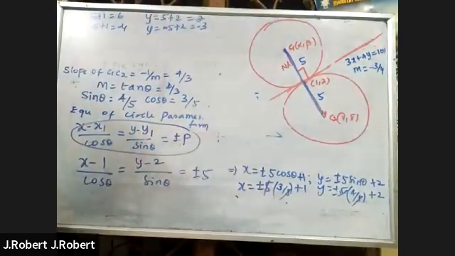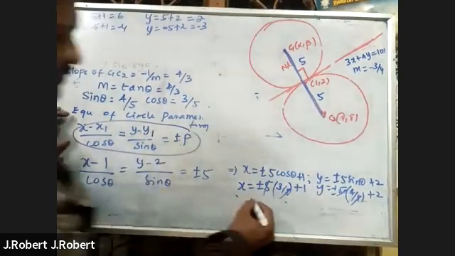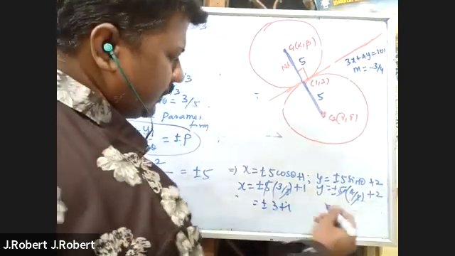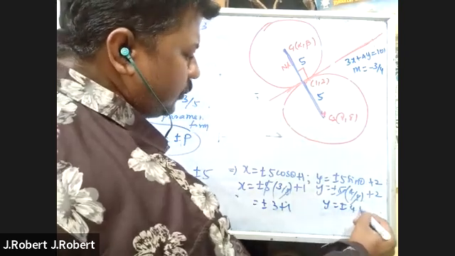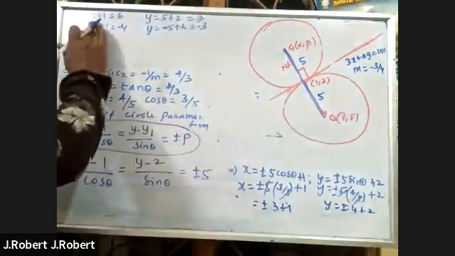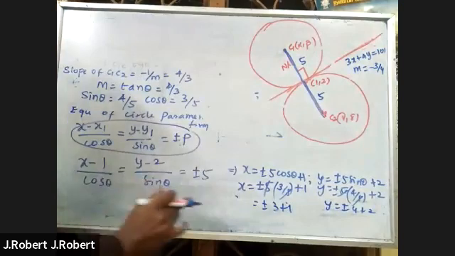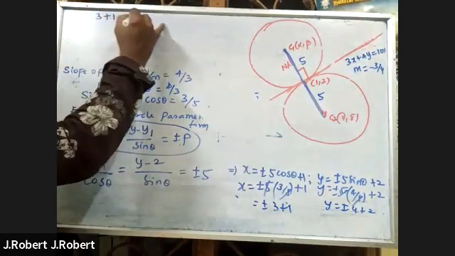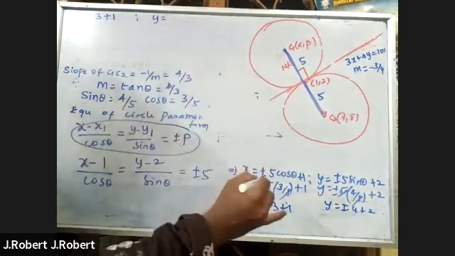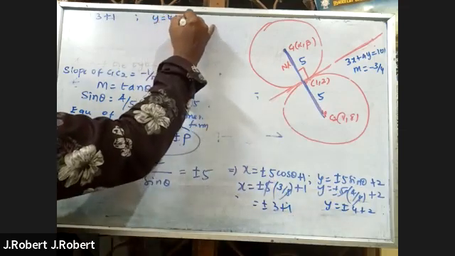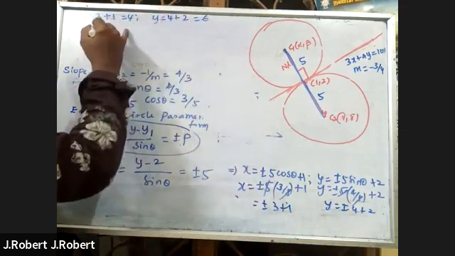So 3 by 5 means we have plus or minus 3 plus 1 here, and plus or minus 4 plus 2 here. Therefore x equals plus 3 plus 1 and y equals plus 4 plus 2, which gives 4 and 6.